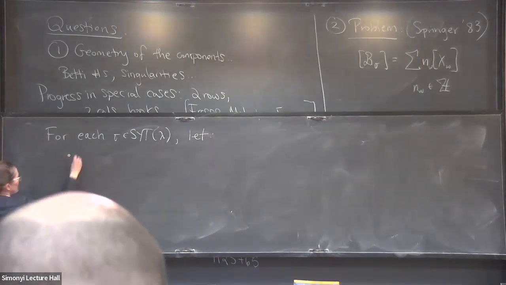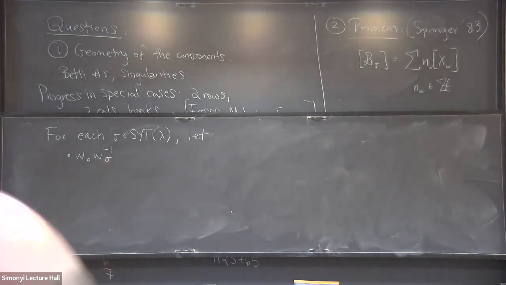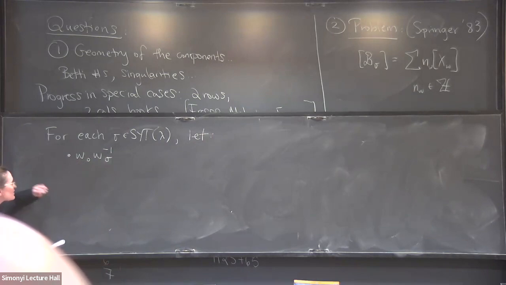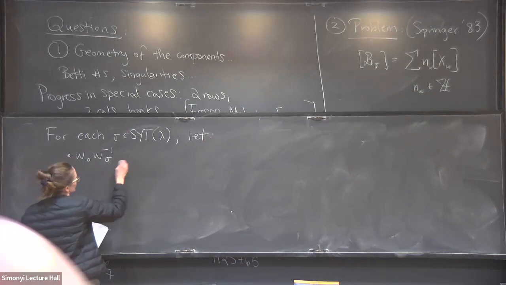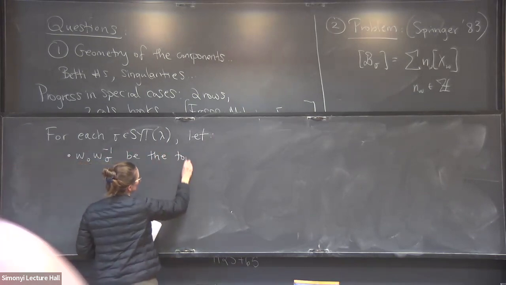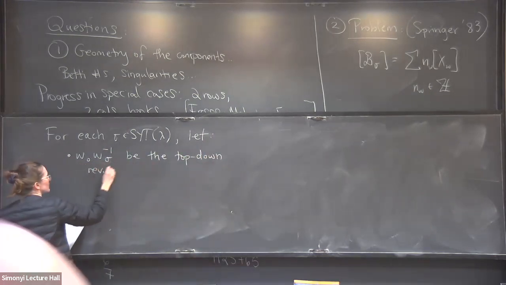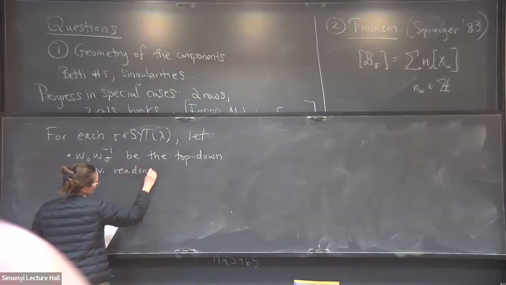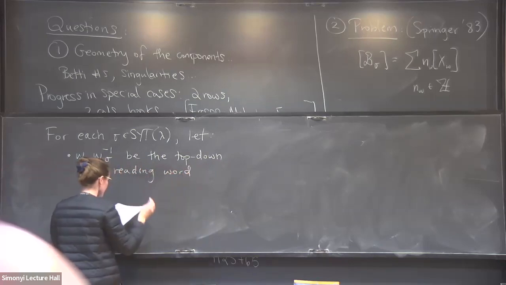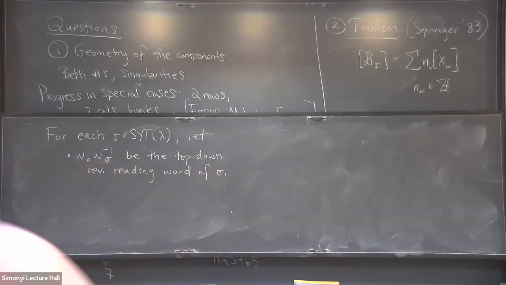I'm nervous because we're going to do weird reading words again. So I'm going to let W sigma be the unique permutation with the property that W naught W sigma inverse is the top down reverse reading word of sigma, which I guess a lot of people just call the reverse reading word.